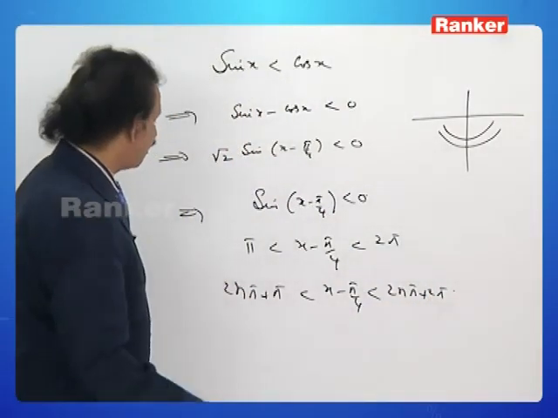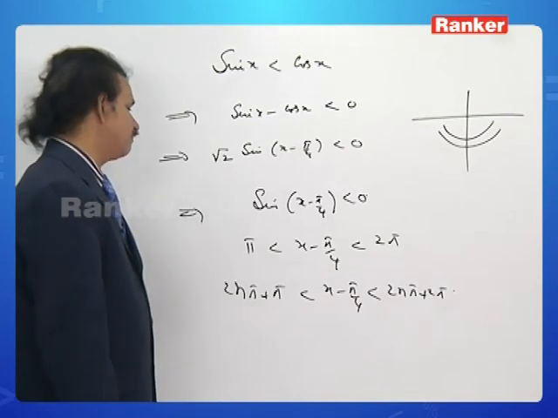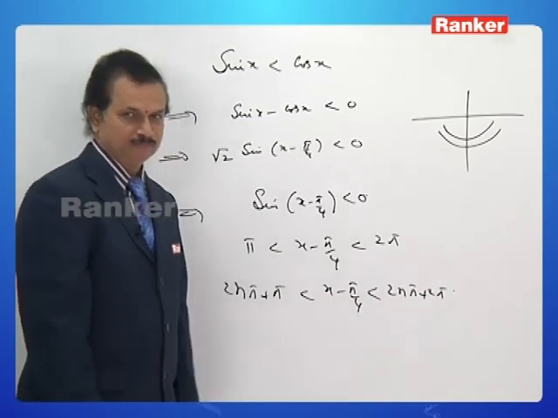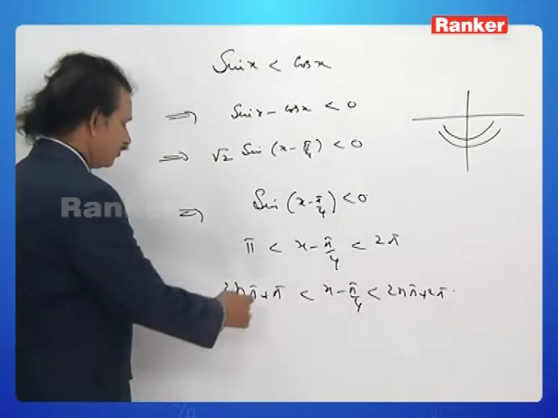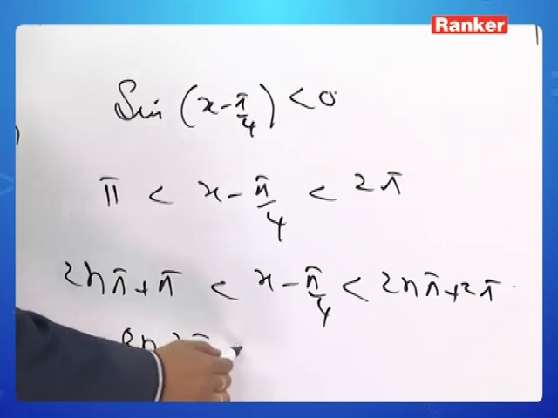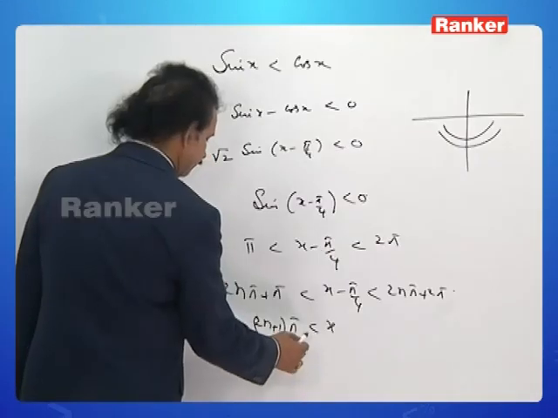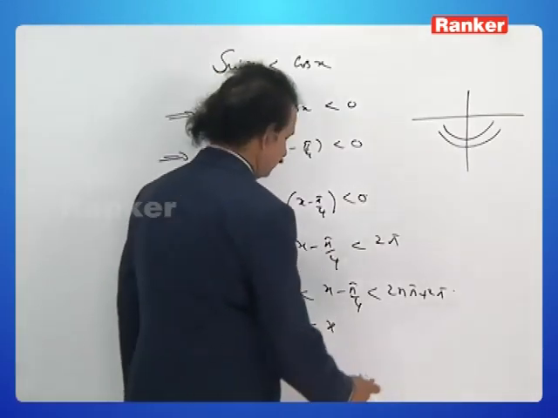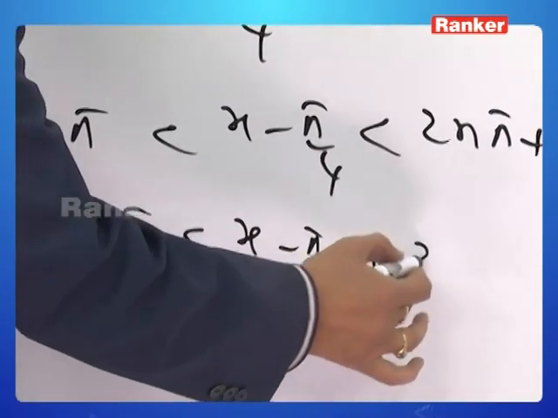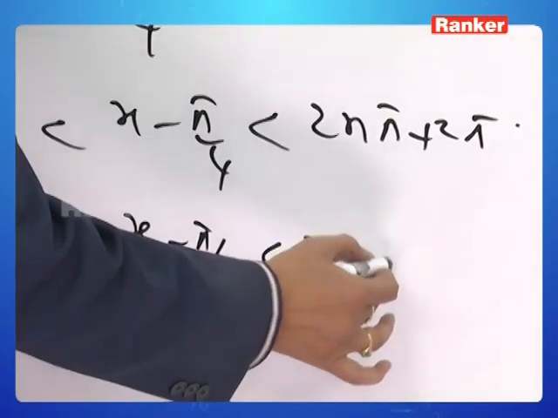You add pi by 4 on both the sides. 2n pi plus pi is nothing but 2n plus 1 into pi, less than x minus pi by 4 less than 2n plus 2 into pi.